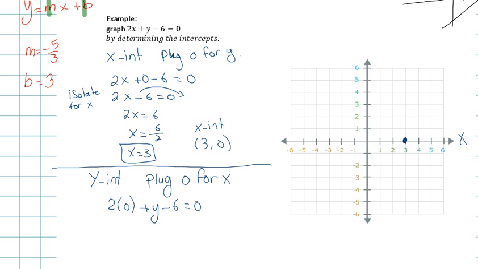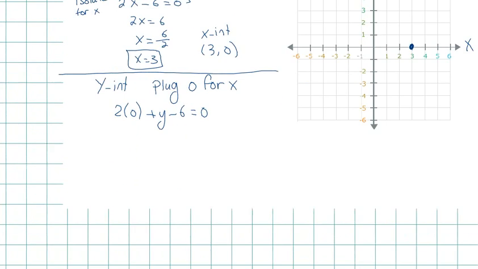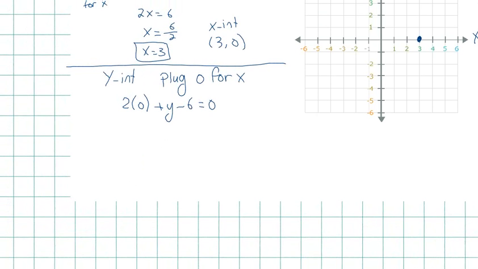Are we getting this so far? Now, 2 times 0 is 0. So it's going to be y minus 6 equals 0. What do I do now? Bring the negative 6 over, it becomes a positive 6. So my y-intercept is 0, 6.